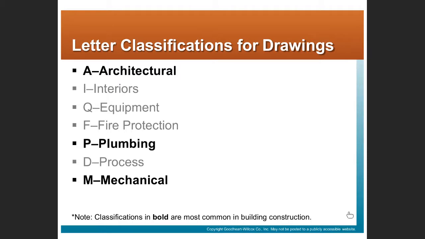Is the floor in that room meant to be tile, or is it carpeted, et cetera? Those are all things that would be in a room finish schedule, right? Probably, in looking at all the drawings, the architectural drawings probably represent more than what would be in the other sections.